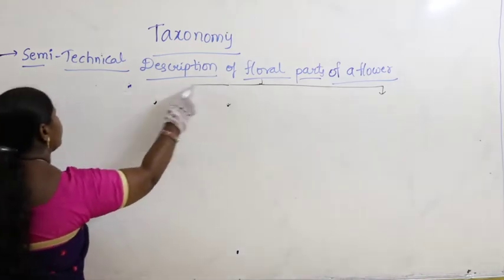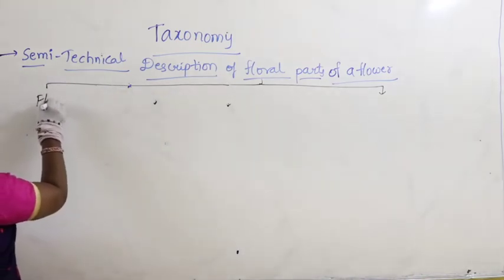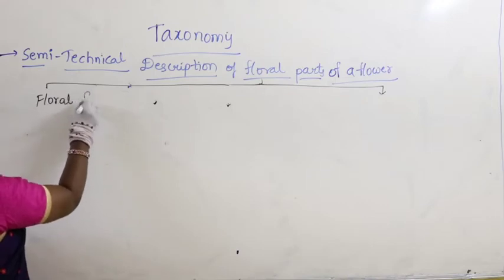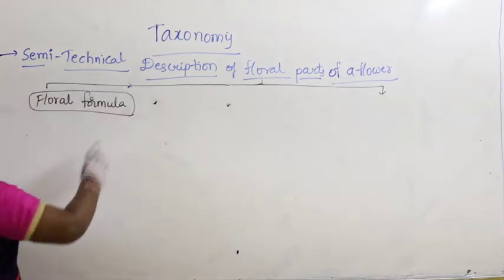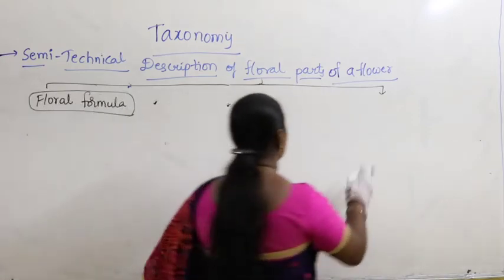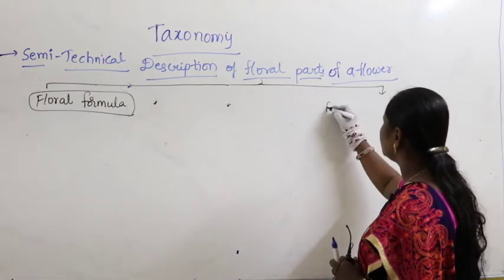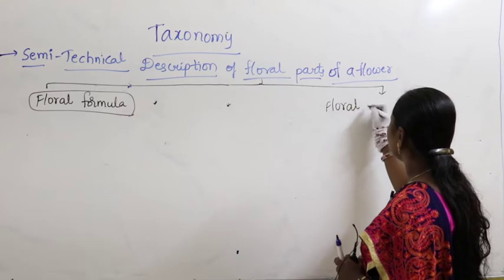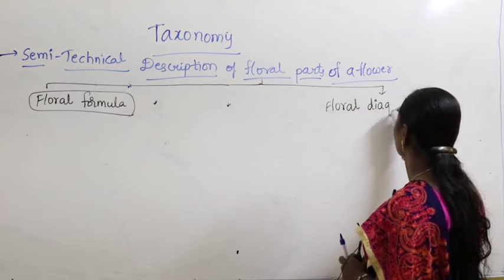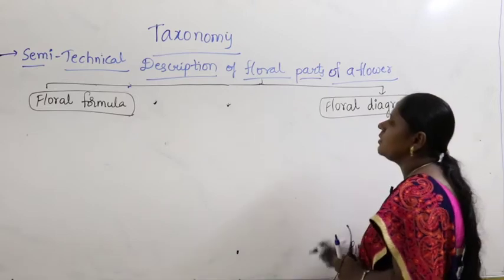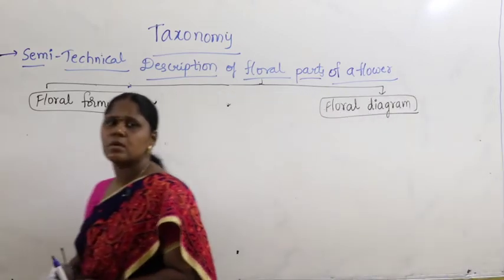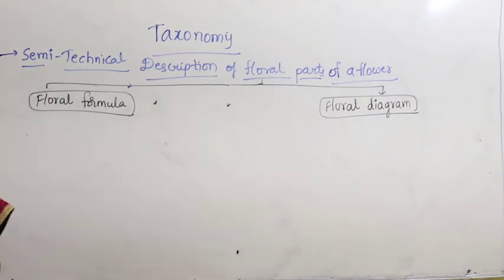Here we have to discuss two things: floral formula, and the other thing we have to remember is floral diagram. So we are representing two things, floral formula as well as floral diagram.